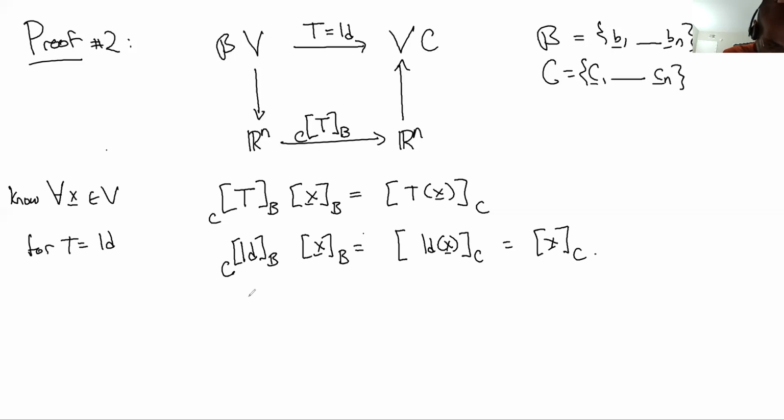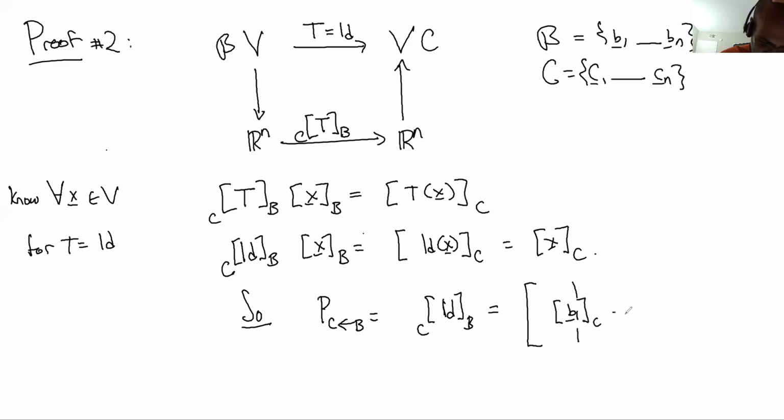And that's what we wanted. So the change of coordinates matrix is equal to the matrix of the identity transformation with respect to these bases, which is just identity of B1, which is just B1 in the output basis, identity of B2, etc. Same theorem, different proof. Any questions about that? It's very slick, it's very abstract.